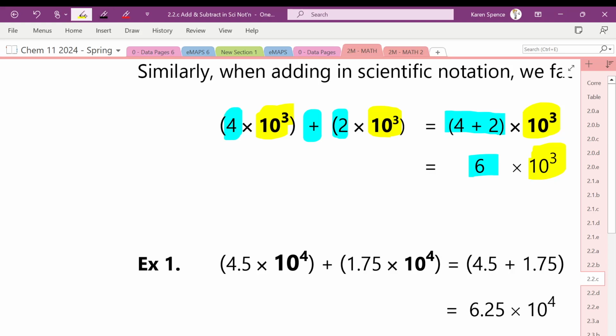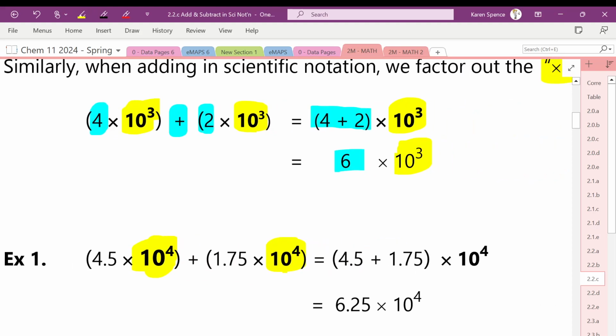Let's try this one here. We have a times 10 to the 4 and a times 10 to the 4, so we can factor out times 10 to the 4. And now our coefficients, 4.5 plus 1.75. Now this is an addition, and because this is chemistry, what do we need to remember to do?